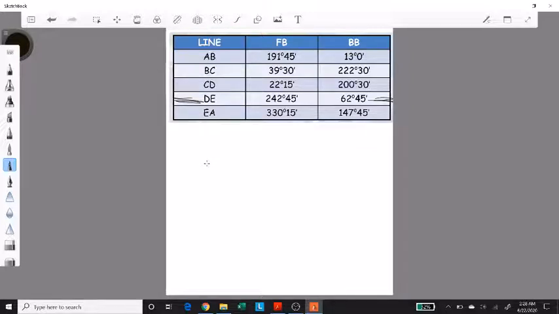So what other bearings did we take from those 2 points? From the point D, we took the forward bearing of the line BE. So that was one. And then we also took the back bearing for the side CD.